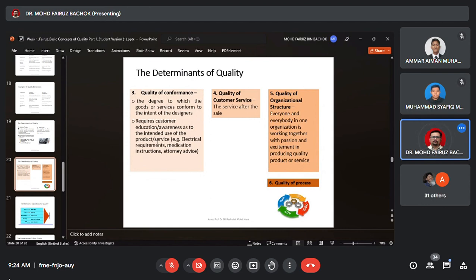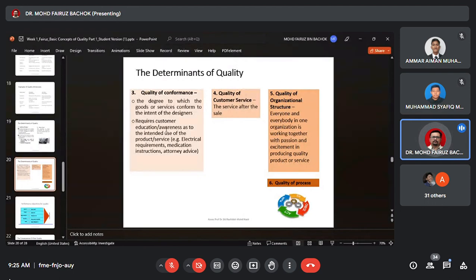They did not believe that a personal computer could also function in a handphone. Because of that, they were out of the race to be one of the biggest handphone manufacturers. That is the quality of conformance, which requires customer education awareness for much better products. Currently people don't like complicated brands. It should be simple and user friendly.